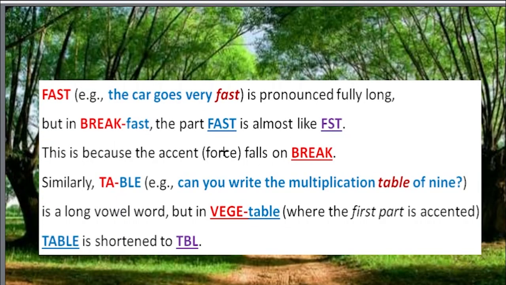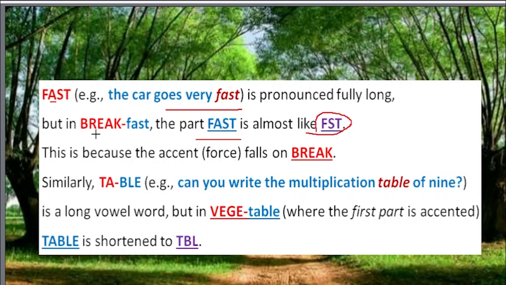Fast. The car goes very fast. So you say fast. That means A is pronounced as a long vowel. The car goes very fast. But when you say breakfast, you don't say fast, you say first. Why?